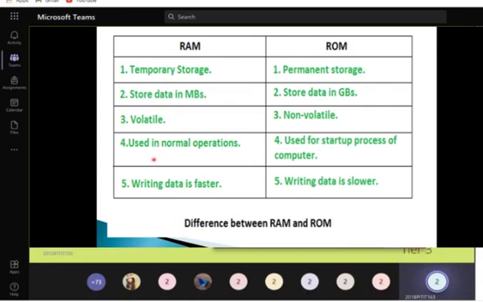RAM is used in normal operations, but ROM is used for the startup process of a computer. RAM writes data faster, and ROM writes data slower. So that's a major difference between RAM and ROM.